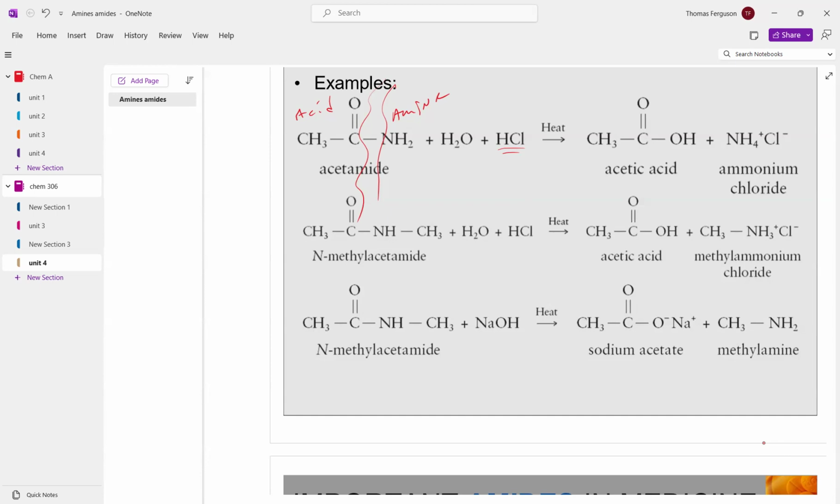When we're in a basic environment, we still create the amine from which we started with, and we create the acid salt. So again, you guys need to know this.